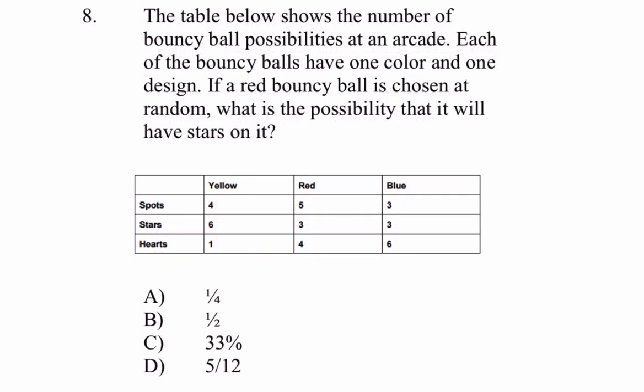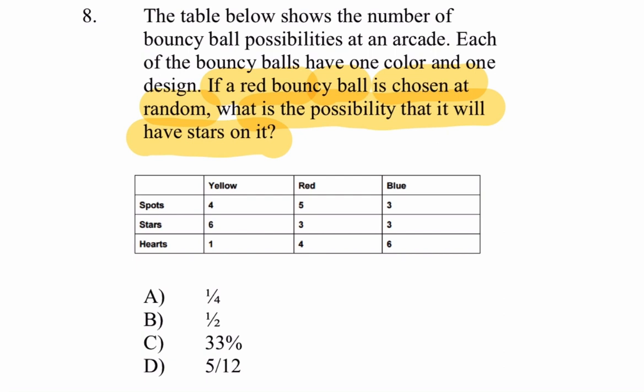Number 8. The table below shows the number of bouncy balls by color and design. If a red bouncy ball is chosen at random, what is the probability that it will have a star on it? So this is a probability question, right?